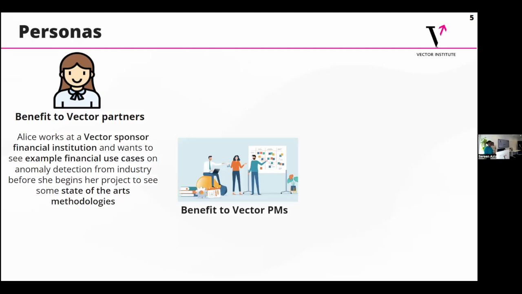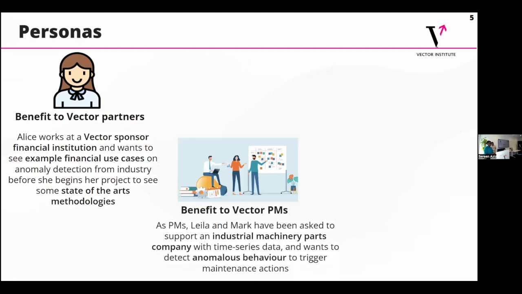For Vector PMs, if we take a look at Layla and Mark, they may have been asked to support an industrial machinery parts company, and they may want to see various use cases that are specific to their particular data type, which is time series data. And they also want to take a look at use cases that deal with anomalous behavior to trigger maintenance.